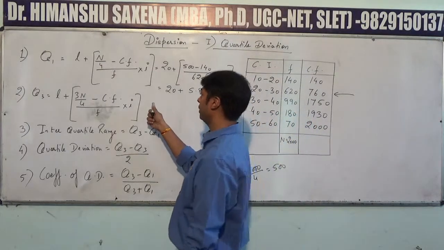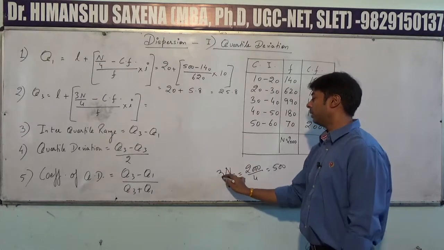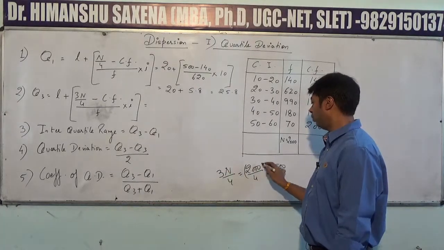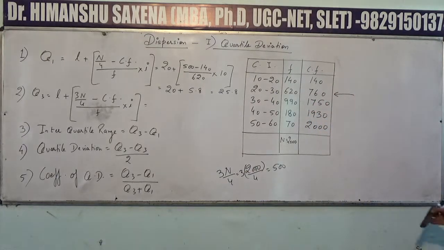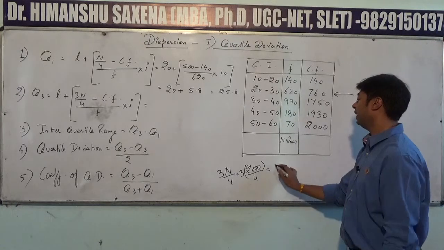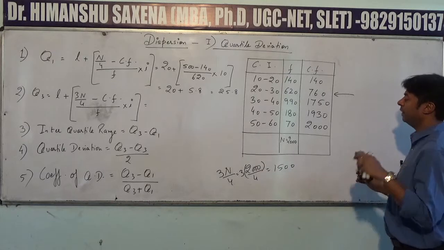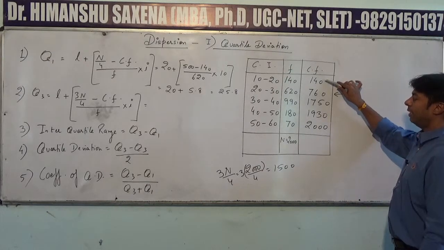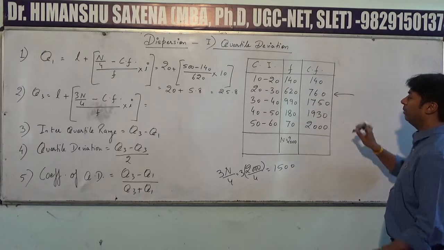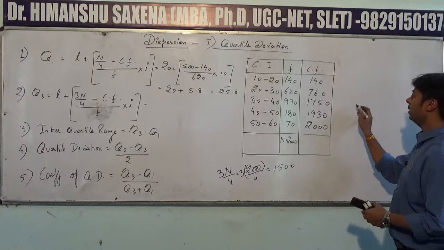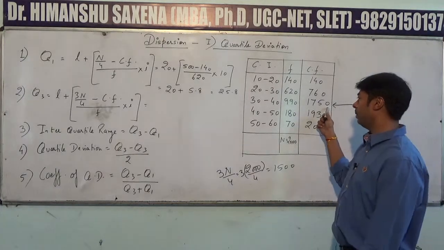Next, Q3. Now in order to calculate the value of Q3, you need to have the value of 3n by 4. Now 3n by 4 will be 3 into 2000 by 4, that is equal to 1500. Now we will have to look at where this 1500 lies. It is not lying in this interval, nor in this interval. The 1500 element will lie in this class interval, that is 1750. Now this class interval will be selected.